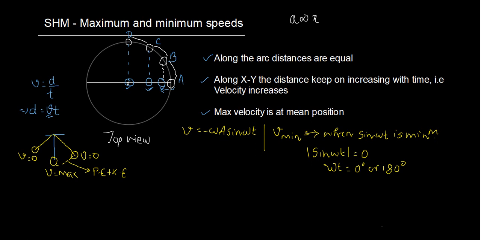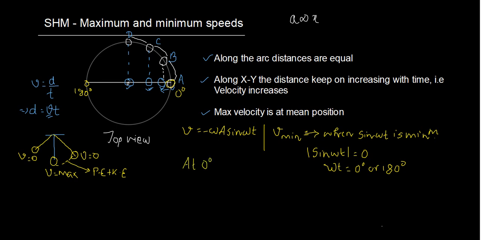So that means at these two extreme positions the velocity is 0. Even if you compare it with a pendulum, we know that at the extreme positions the velocity will be 0, right? So that's the position for the minimum velocity. So we can say at 0 degree or 180 degree, the velocity is minimum.